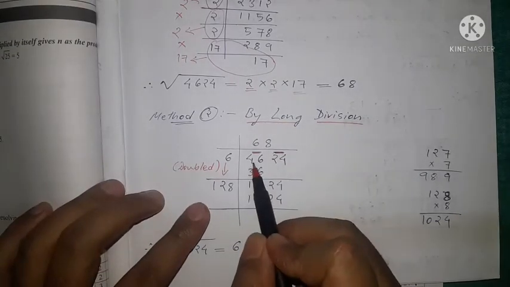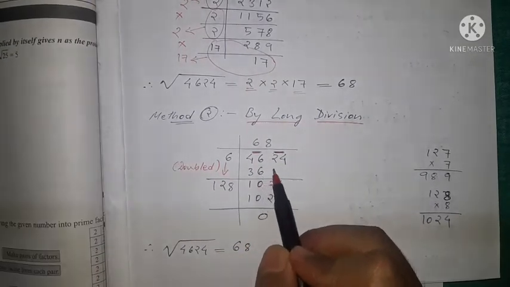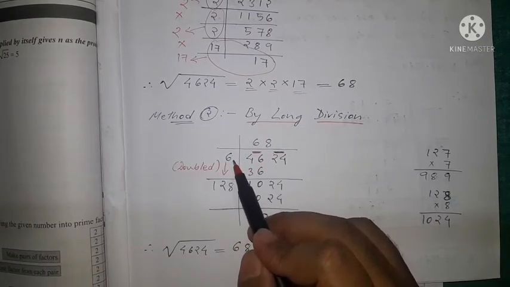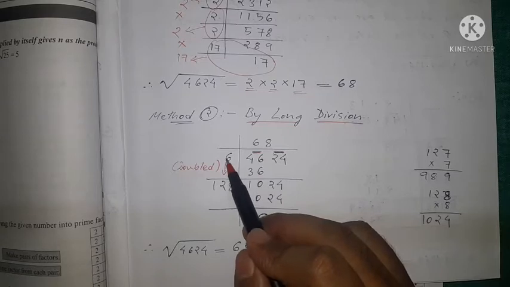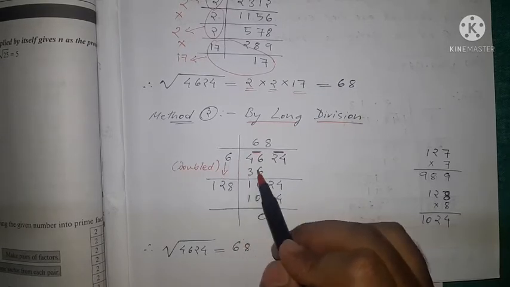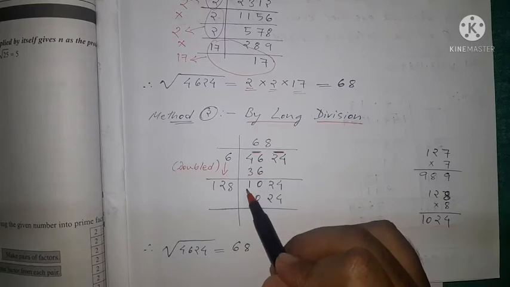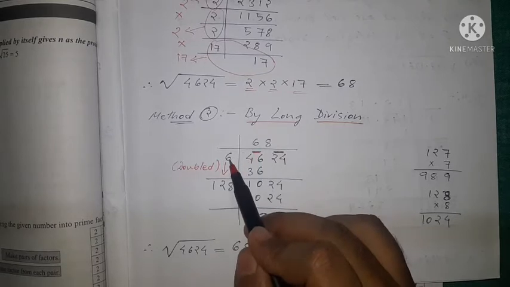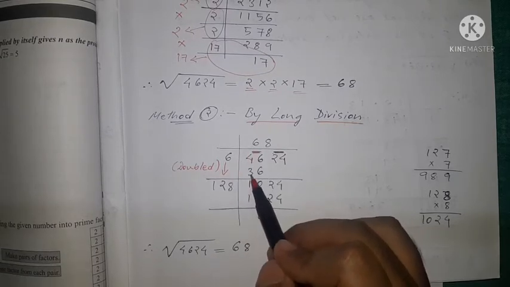Now for 4624, at the beginning we must take a number whose square is 46 or less than 46. We know the square of 6 is 36, which is less than 46.